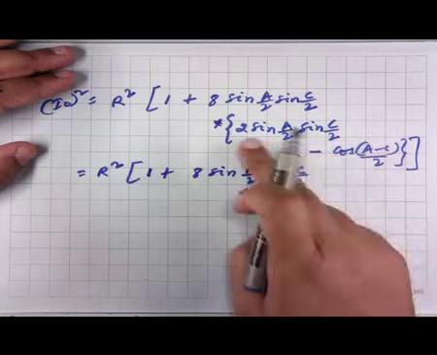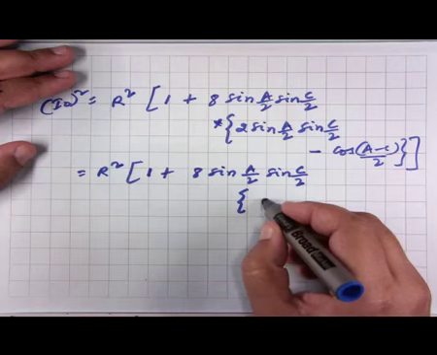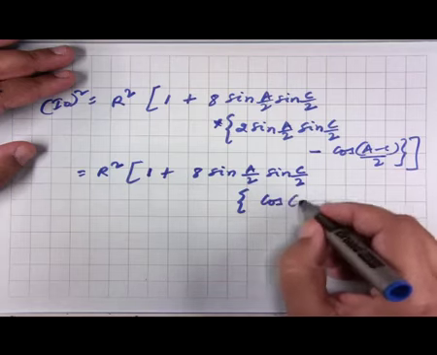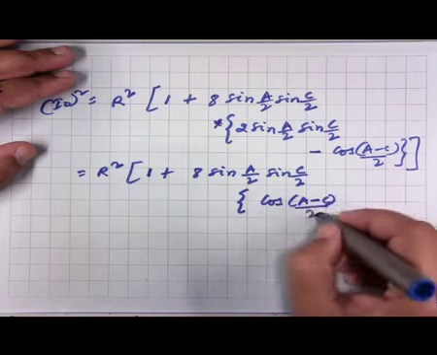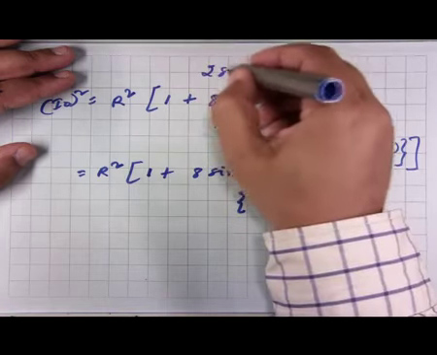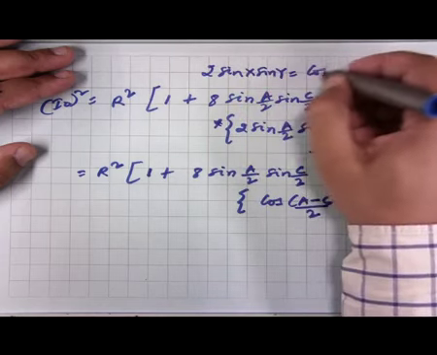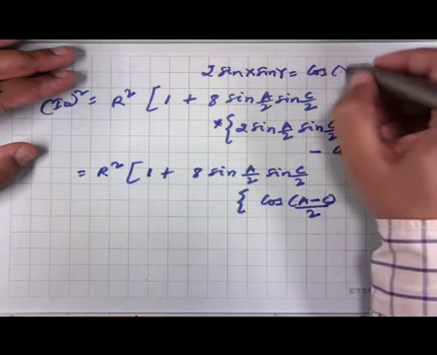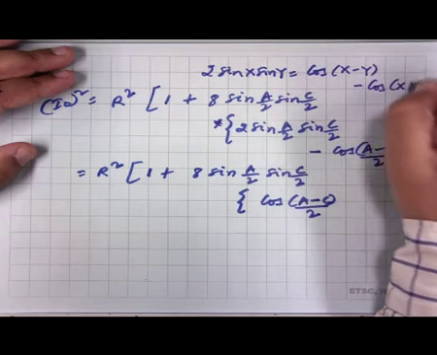So, now this is equal to cos of A minus C, because we are using the formula that 2 sine x sine y is cos of x minus y minus cos of x plus y.